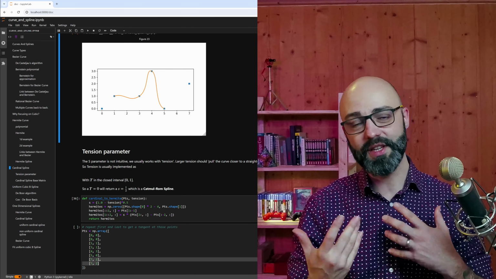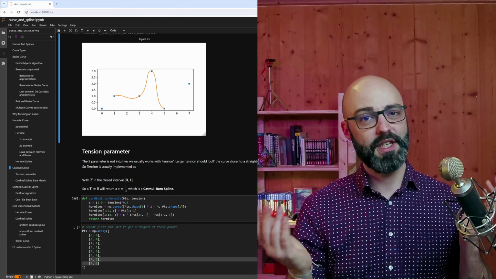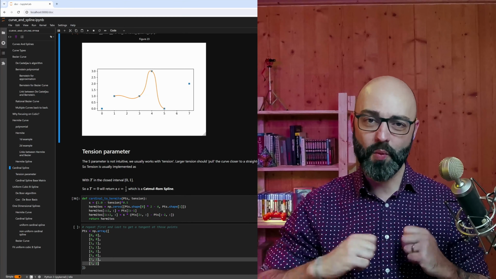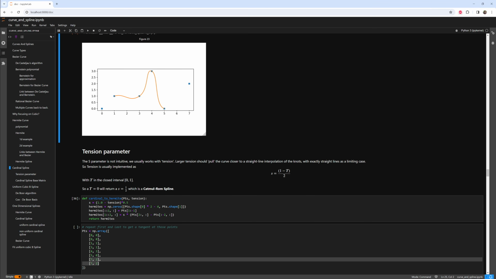And so what we have is a tension parameter that can go between 0 and 1. 0 means 0 tension, I have a nice curve. 1 means I'm pulling on my string to the maximum, and I have a straight line. So how do you compute that tension? Basically, it gives you your S factor from the previous algorithm, which is (1 minus tension) divided by 2.